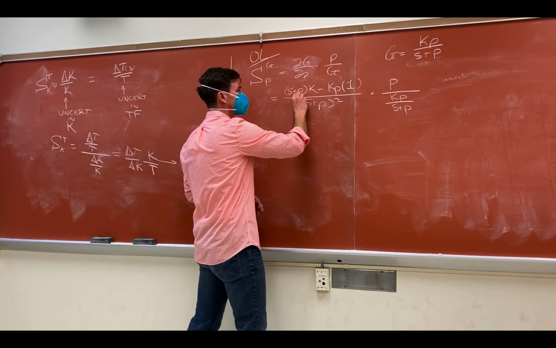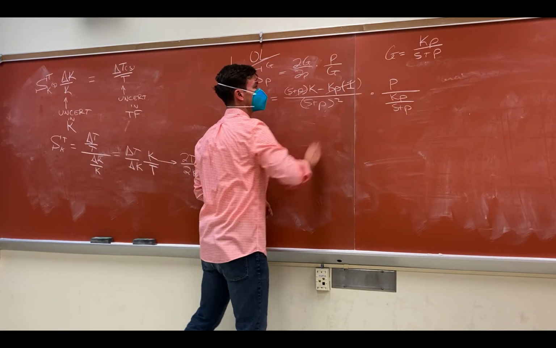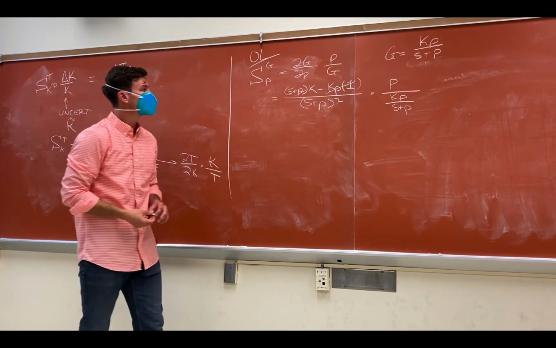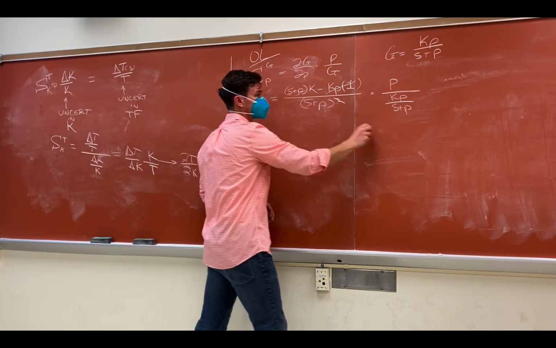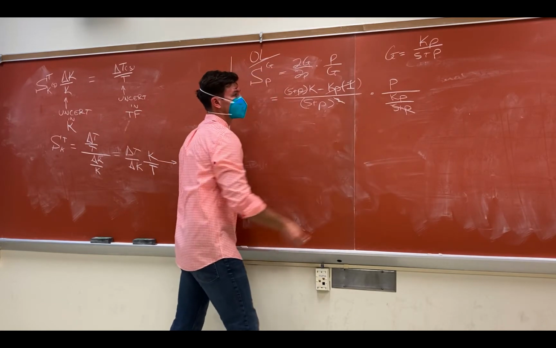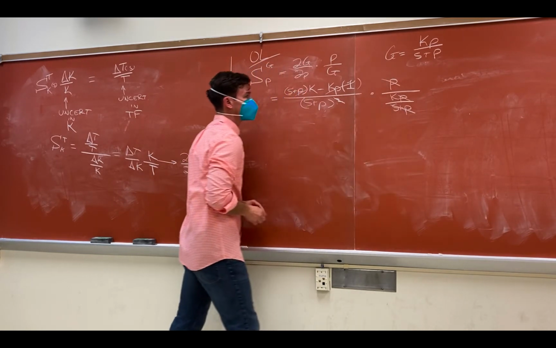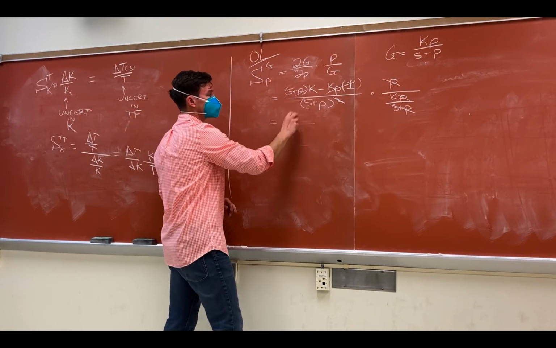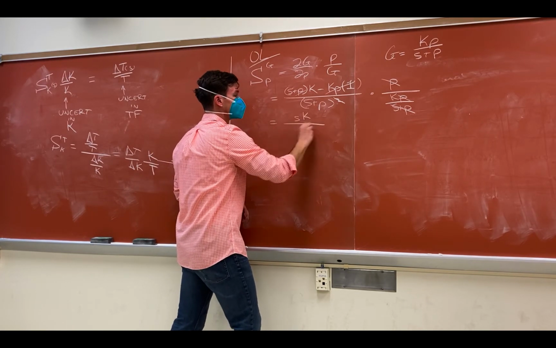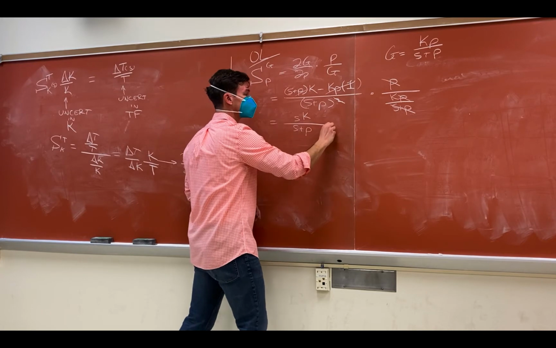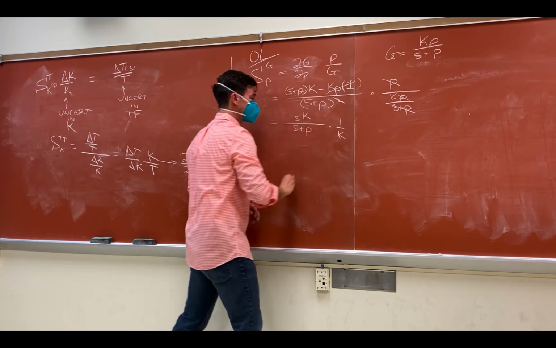I got a K times P here and a negative K times P there. I've got an S plus P. One of those will cancel with one of these. This P will certainly cancel with that P. So let's neaten this up a bit. I get S times K over S plus P times 1 over K.